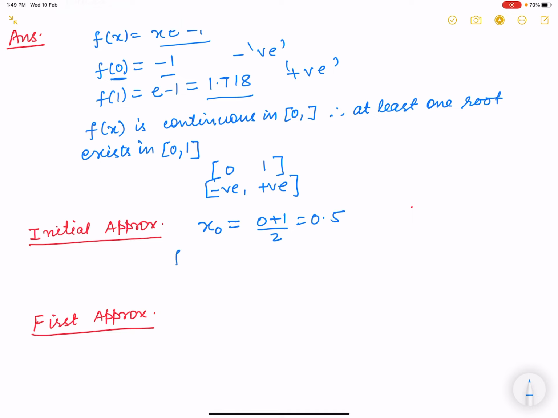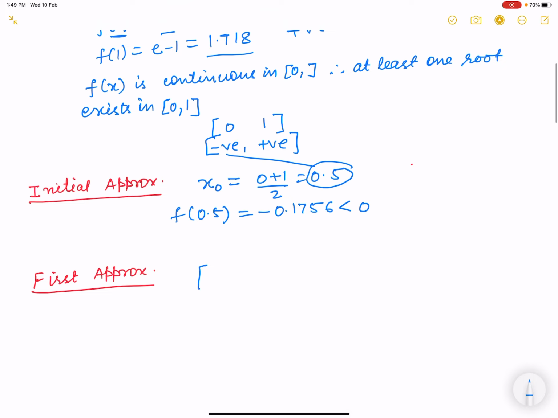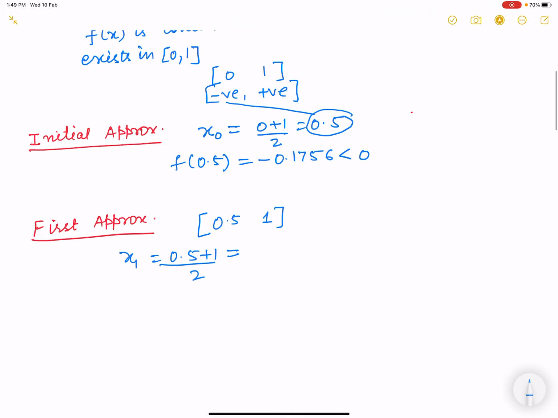We'll check the value of the function at 0.5 and we find that the value is minus 0.1756, which is obviously less than 0. It means that we'll change the negative end to 0.5. So the root lies now between 0.5 and 1. Again bisect the interval, that is (0.5 plus 1) upon 2, and after bisection, it is 0.75.